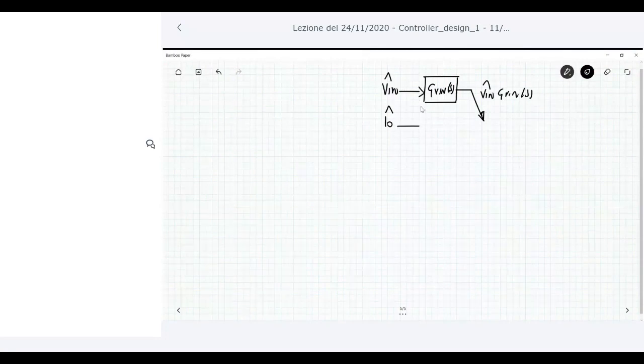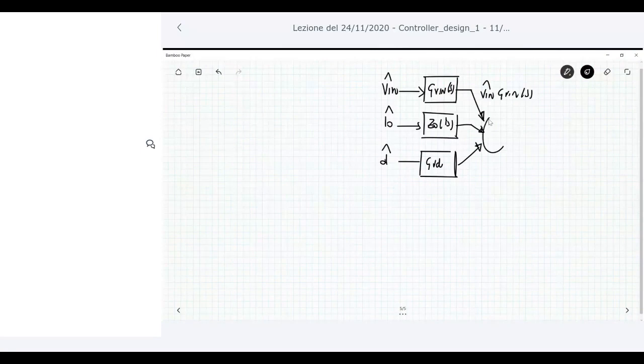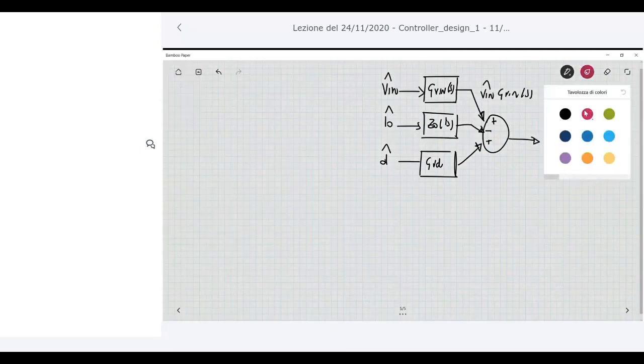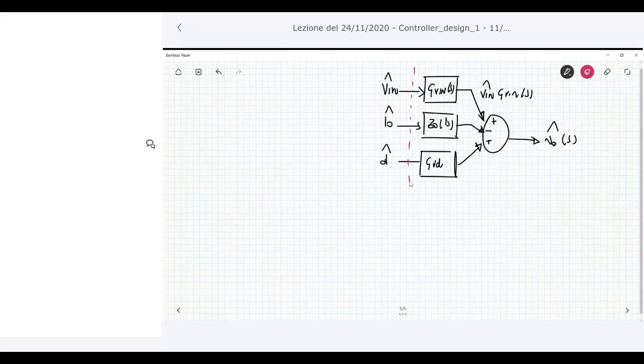I naught through the output impedance generates another variation. And then you have the duty cycle variation generated by the control to output transfer function, another variation. This contributes with the plus, this is minus, this plus, according to our previous description, and generates the output voltage variation. This is my schematic of the switch mode power converters.